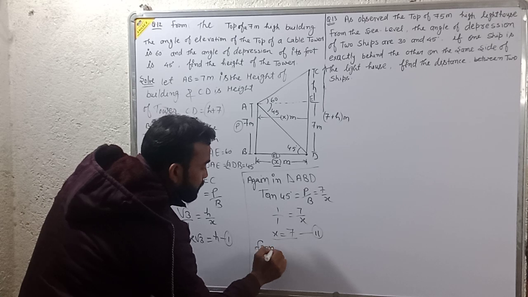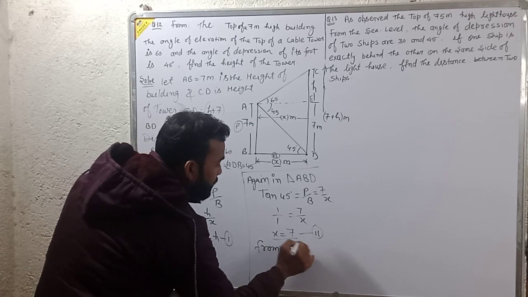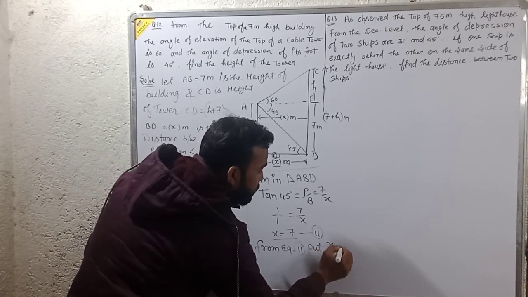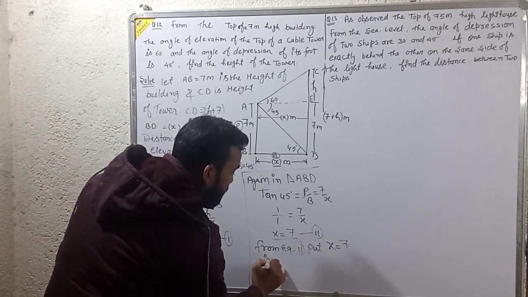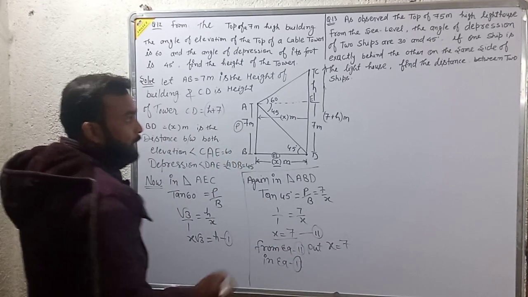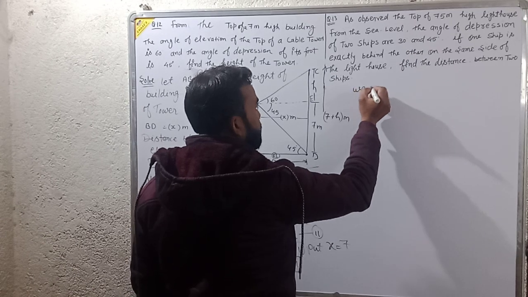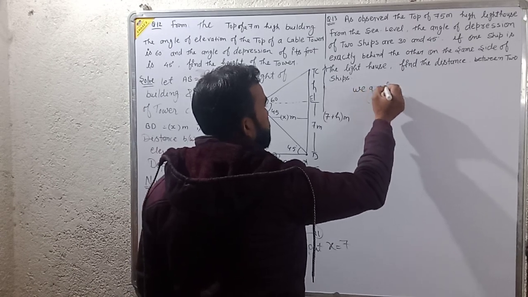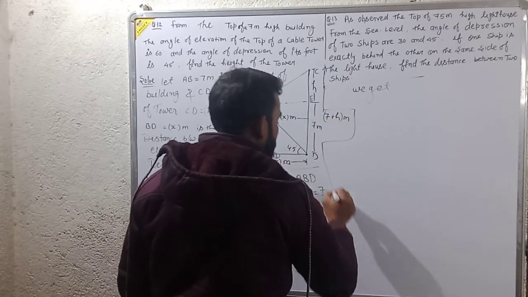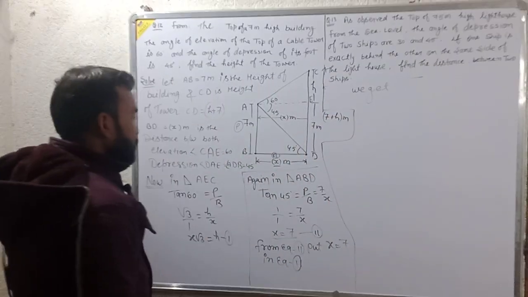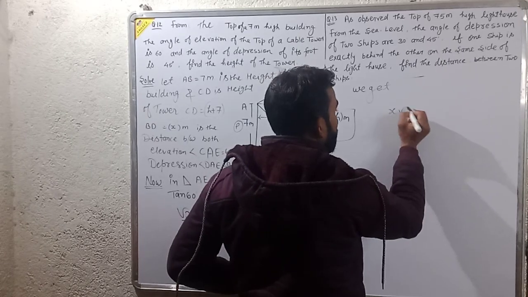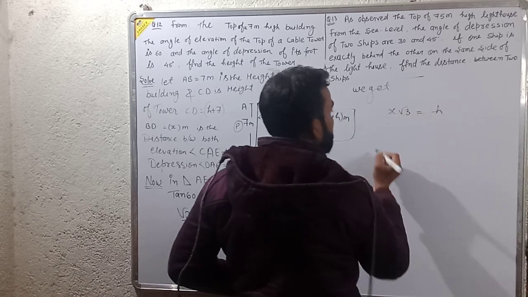From equation second, put x is equal to 7 in equation number first. We get x root 3 is equal to h.